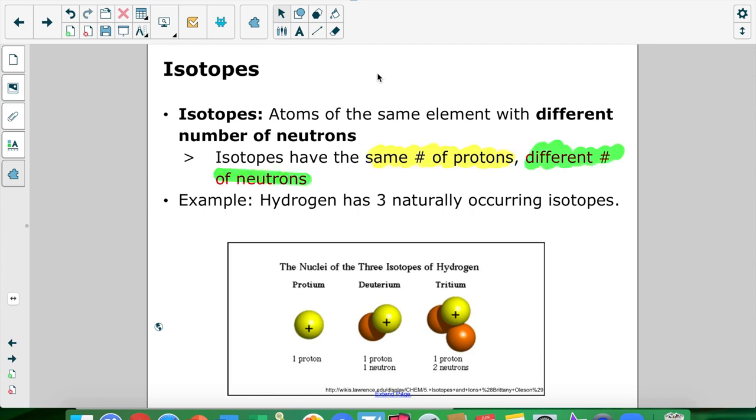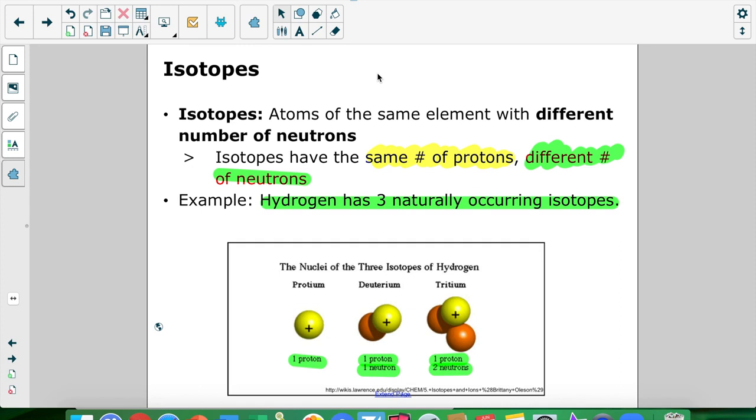So for example, hydrogen has 3 naturally occurring isotopes, okay? It has an isotope with 1 proton and 0 neutrons, then it has another isotope with 1 proton and 1 neutron, and then it has a third isotope with 1 proton and 2 neutrons. So pretty much what does this explain to us?